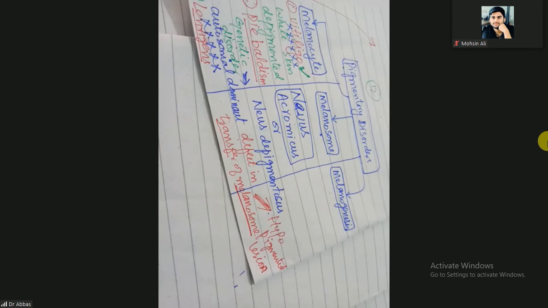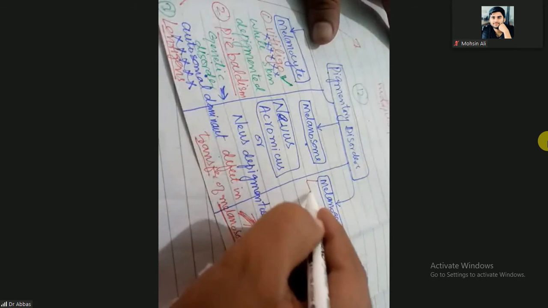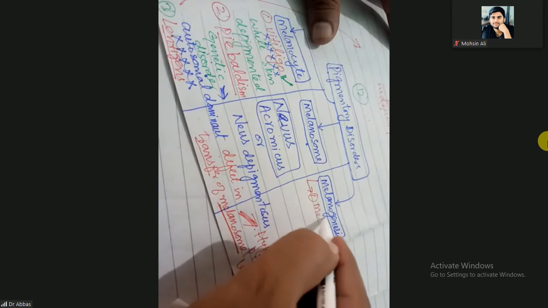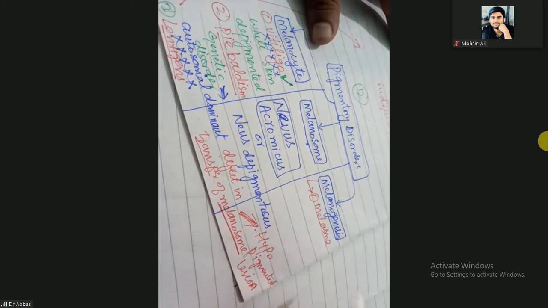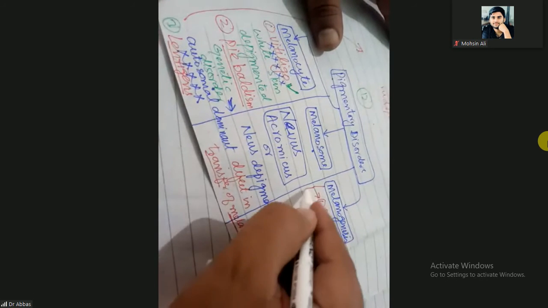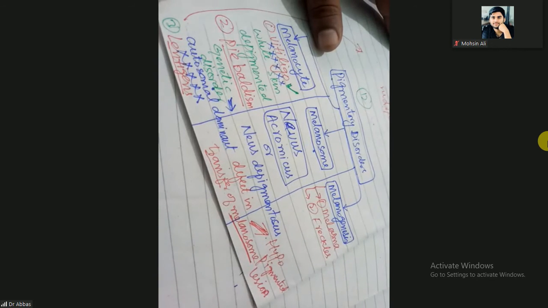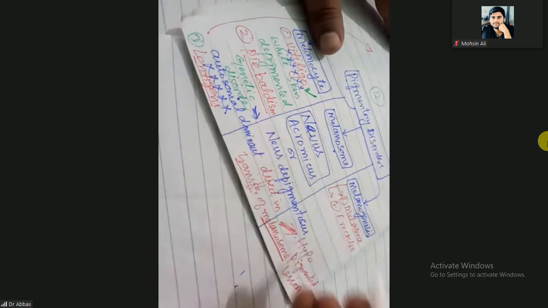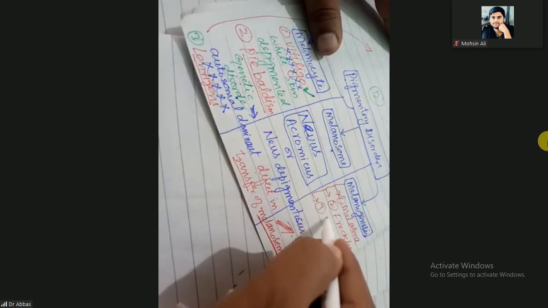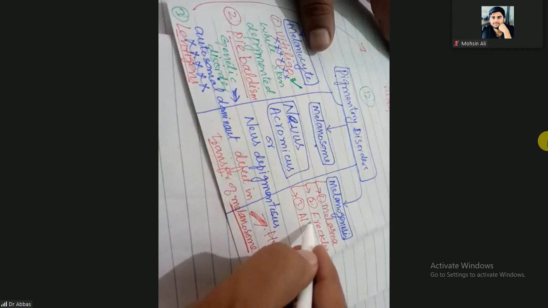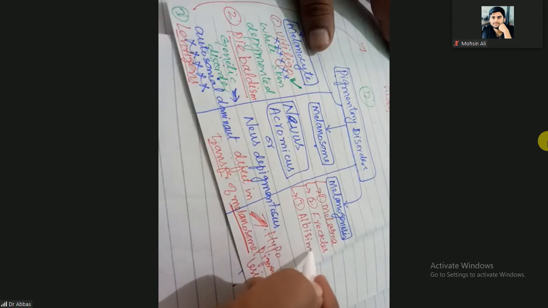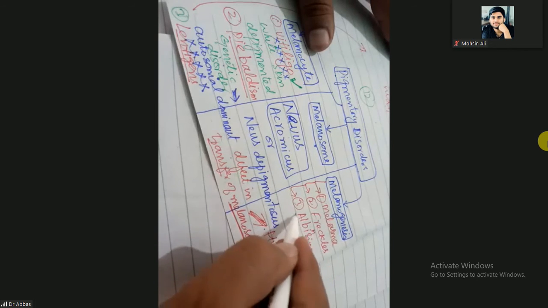Next are the disorders due to the melanogenesis. The first one is melasma. Second is freckles. And the third one is albinism.